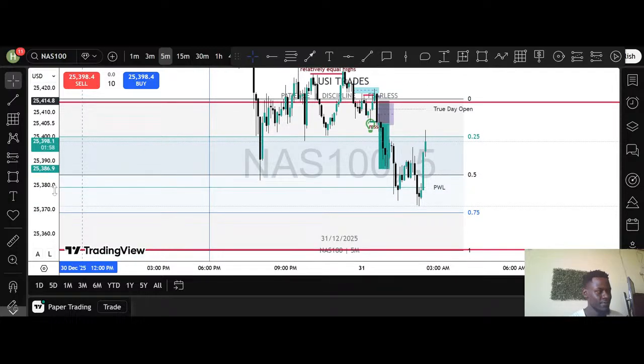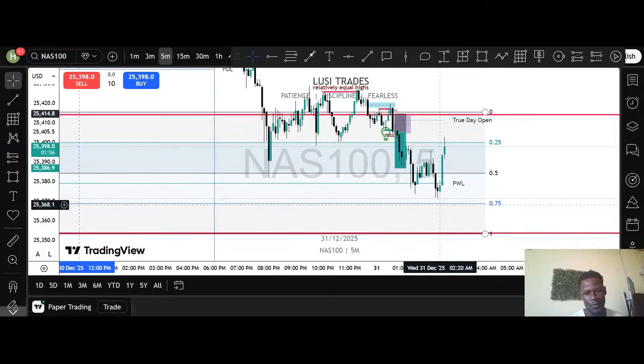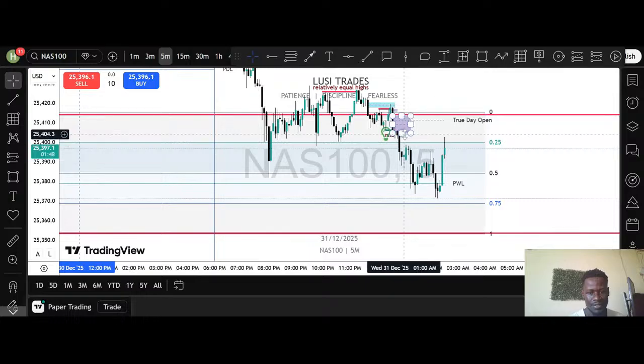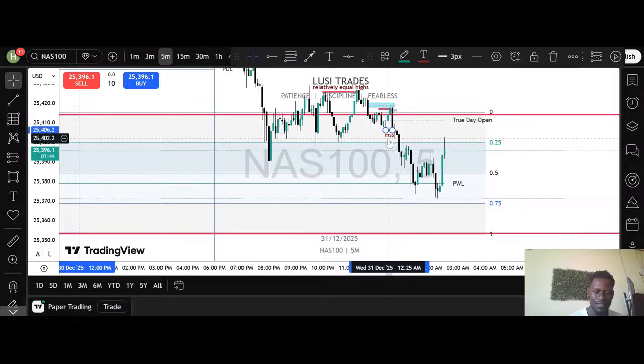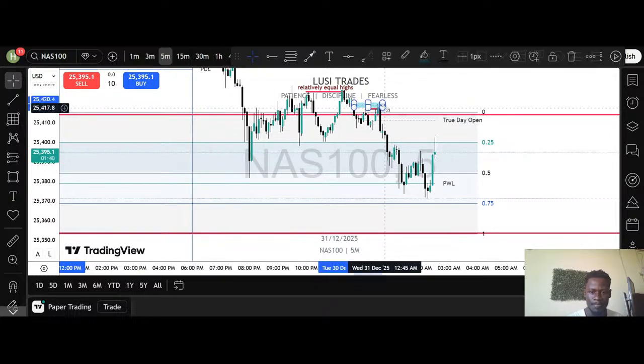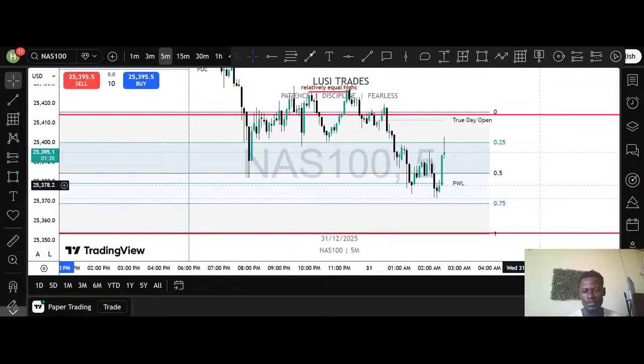Guys, we've traded below the 50% level, so we're having this low, high, lower low. Let me remove all these markings so that we can see what's happening. We've traded back into the 25 quadrant level and gave us this fair value gap.